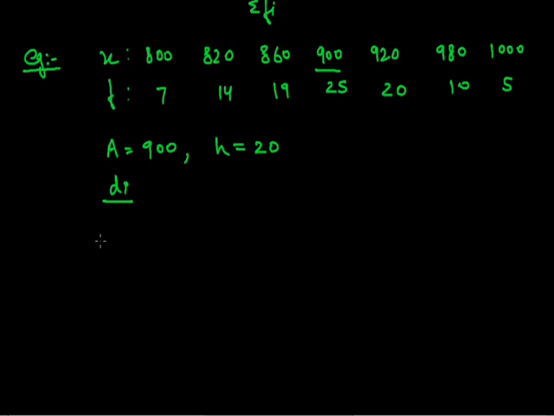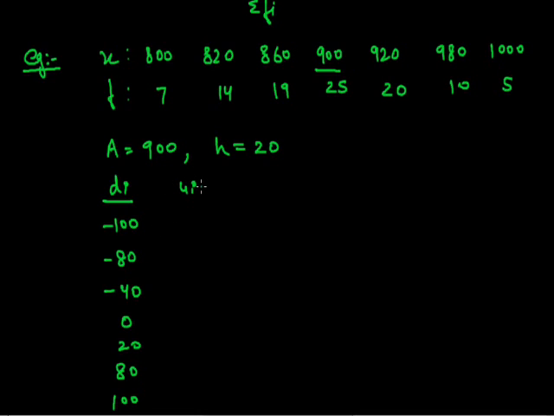So the deviation that we'll get is xi minus a, that is 800 minus 900, minus 100, 820 minus 900, minus 80, 860 minus 900, minus 40, 0, 20, 80 and 100. So this is the value of di we got. And now what we need to find out?